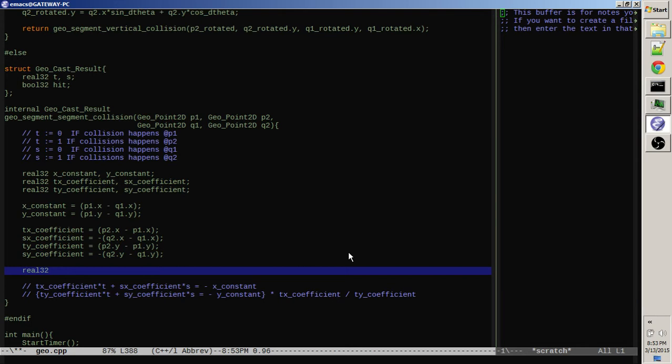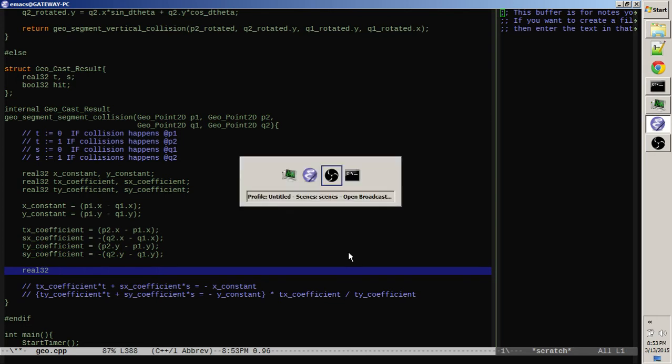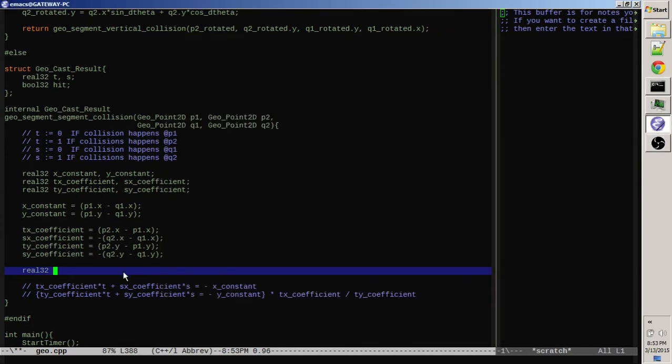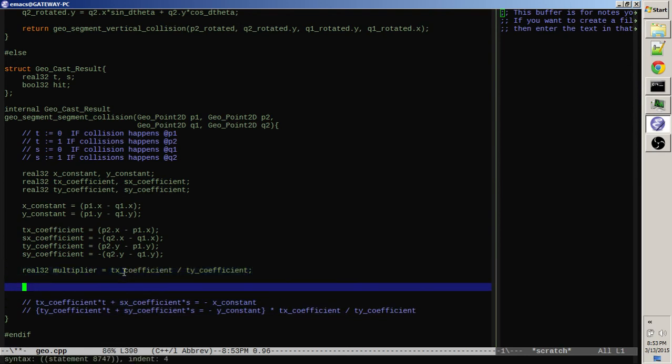This is going to be a super long form version of an algebraic solution, and we'll of course clean it up as we can once it's working. So basically this is the multiplier, and that's going to be this value here. And then we do ty coefficient. Well, we can ignore that one because that's just going to become a 0 later.